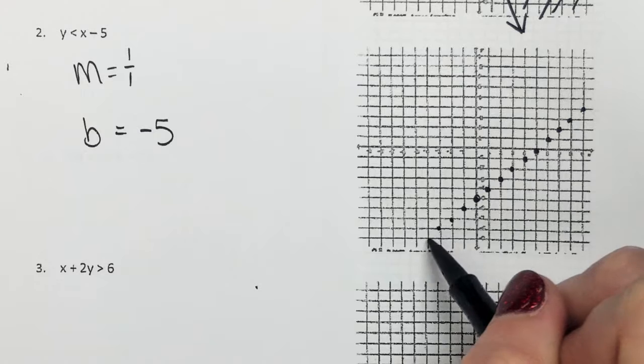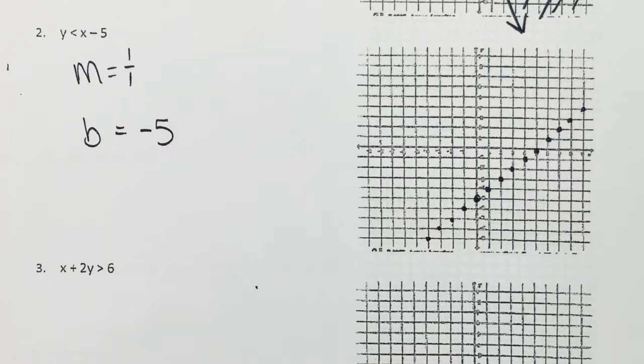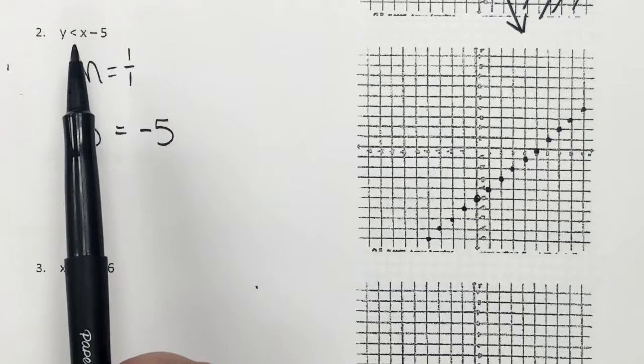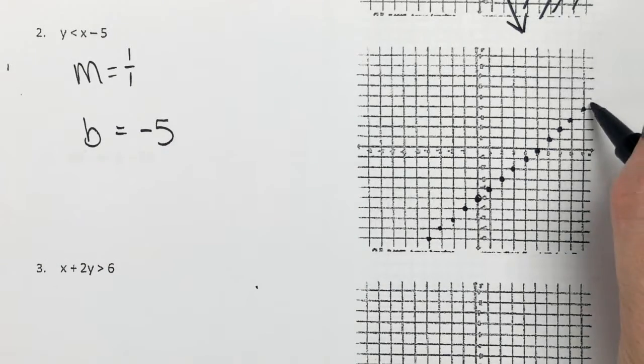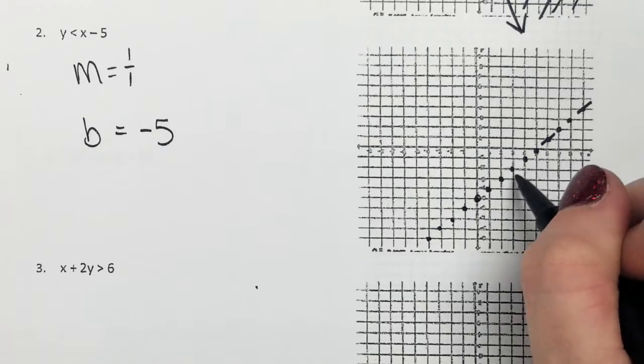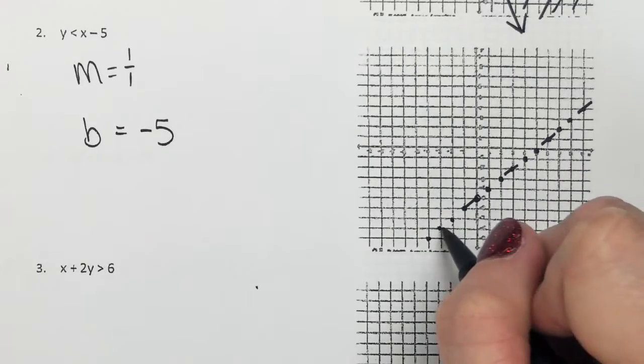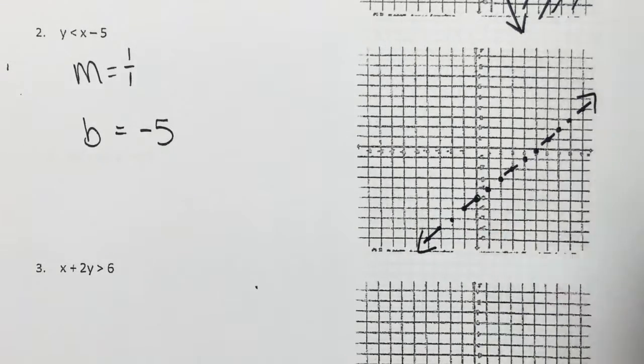Or we can go down 1 and left 1. Okay, is this going to be an open line or a closed line? It's an open. Now when you do an open line, when the points are this close together, you need to skip a good little bit. That way it actually looks open. Because if you connect them all together, then they're going to look like a closed line, okay?